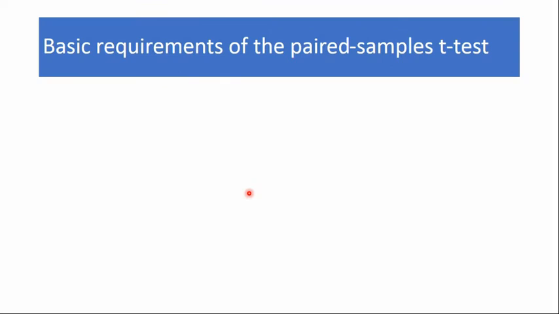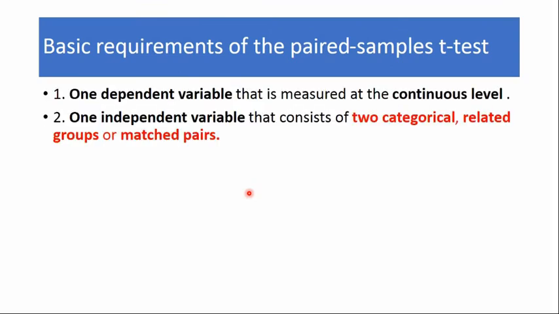Basic requirements of the paired sample t-test. One dependent variable is measured at continuous level, means it should be on ratio or interval scale. One independent variable that consists of two categorical related groups or matched pairs, as we discussed, before training, after training, before joining the gym, after joining the gym, means we should have the observations of matched pairs.